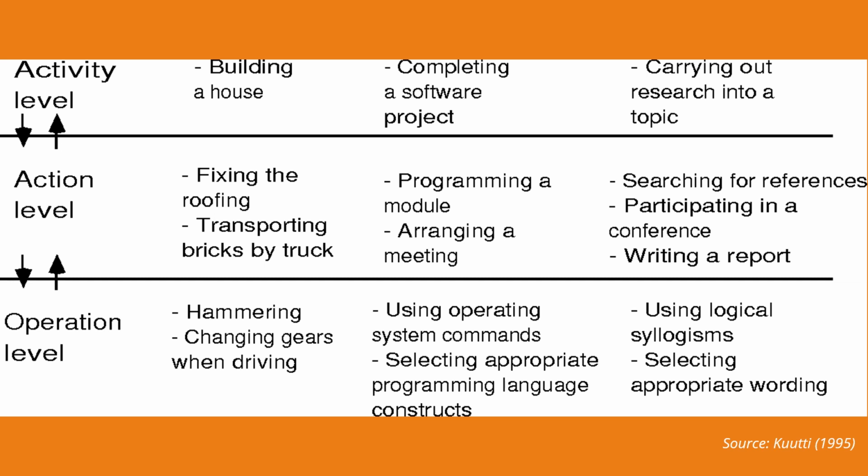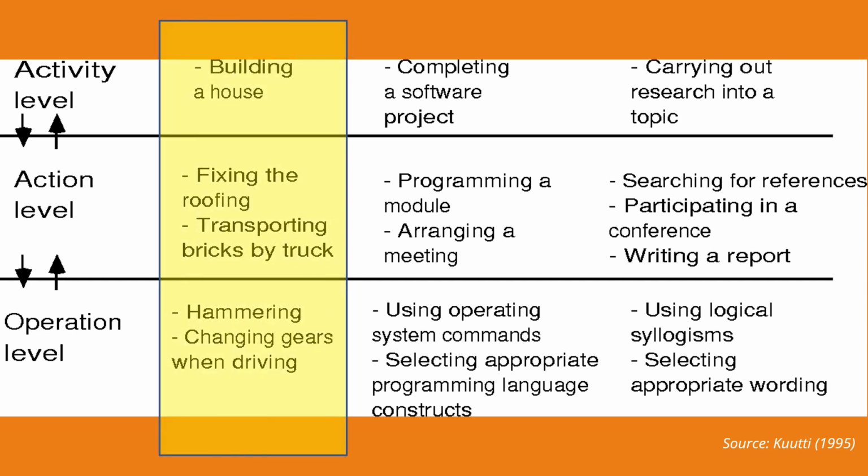In this graphic, you'll see that there are three different examples that illustrate the relationship between activities, actions, and operation. In the first example, the activity or goal is to build a house. The actions of fixing the roof and transporting materials support the activity or overall goal of building the house.